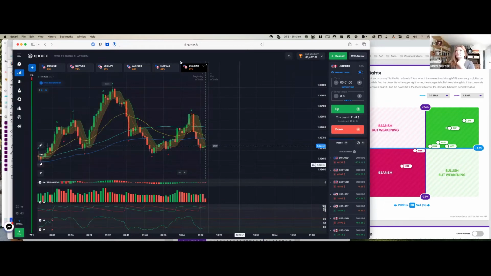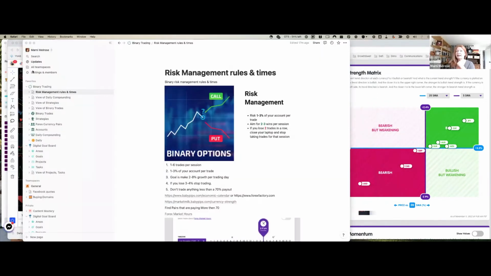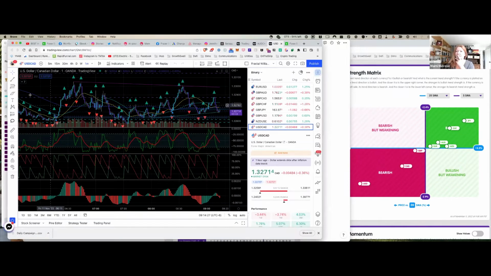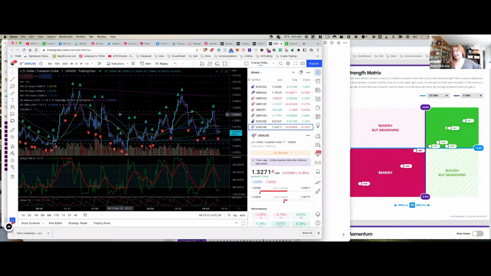Okay. So let's go back to TradingView for the moment and continue setting up our little thing here. This is what we're going to stick with.